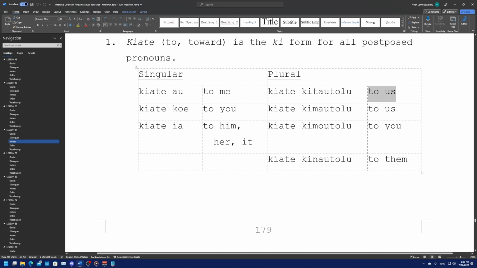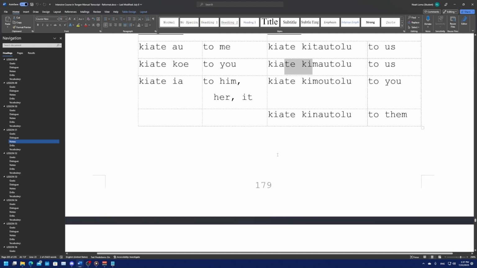So this gets reduced to kiatatolu or kiamautolu, where the te and the ki in the middle is what is dropped. You'll see this dropped, but in more formal speech or in writing, this is what you'll see: kiate kinatolu.